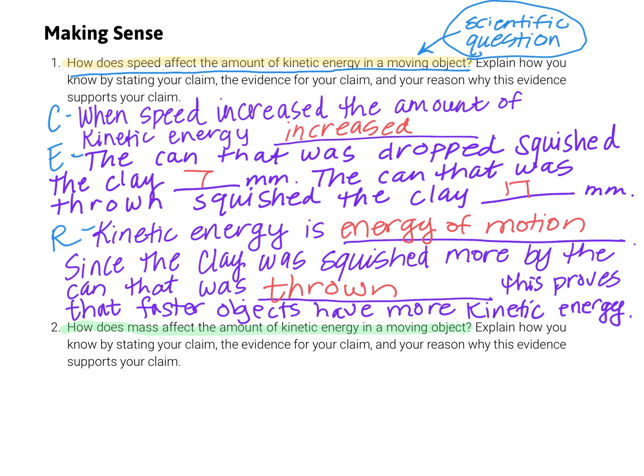So basically what you're doing is rewriting the one that is up here at the top, but this time you're going to talk about the mass. So instead of it being dropped and thrown, you're going to talk about the cat food can and the dog food can, or the light and heavy can, and how much they were squished. All right, kinetic energy is going to stay the same.